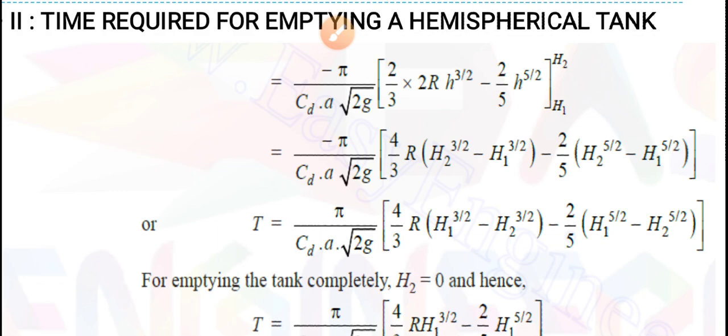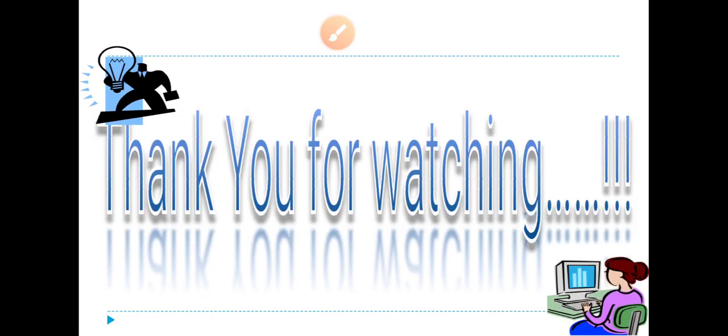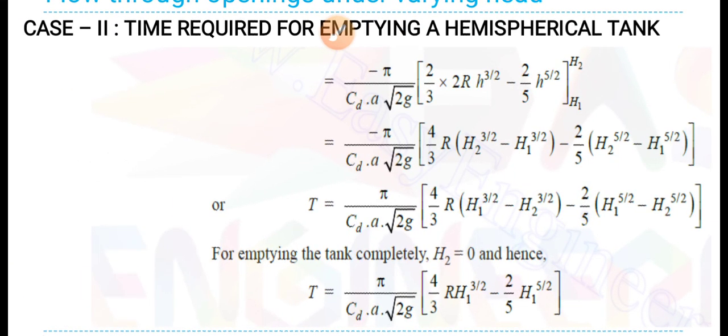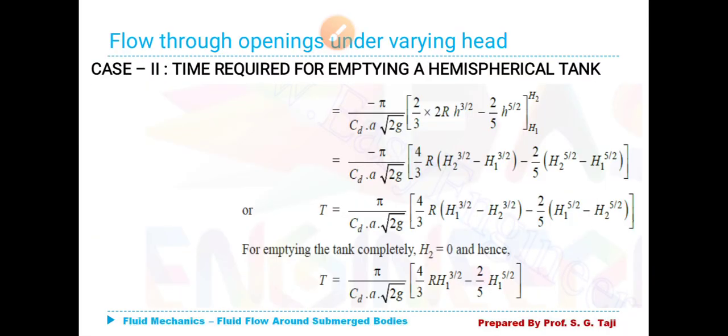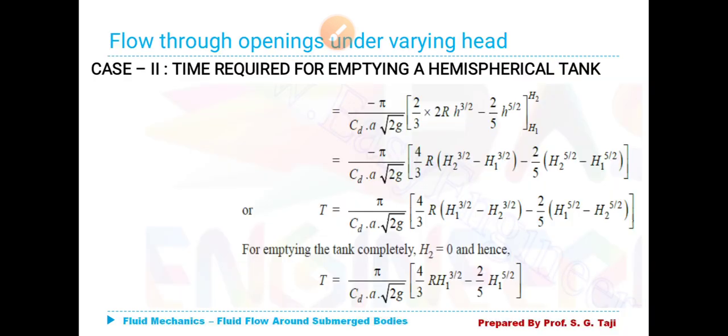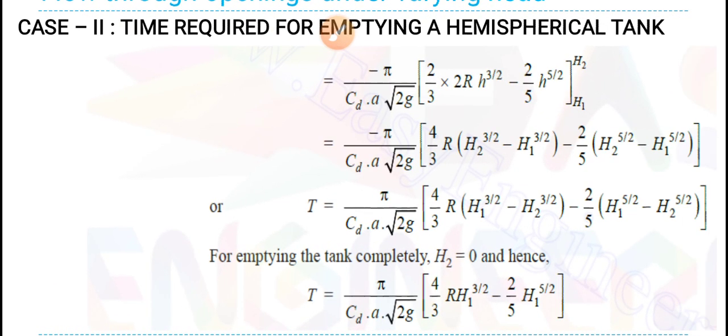Therefore, T is equal to pi by Cd A root 2g whole multiplied by (4 by 3 R whole multiplied by (H1 to the power of 3 by 2 minus H2 to the power of 3 by 2) minus 2 by 5 (H1 to the power of 5 by 2 minus H2 to the power of 5 by 2)). For emptying the tank, this is from H1 to H2.